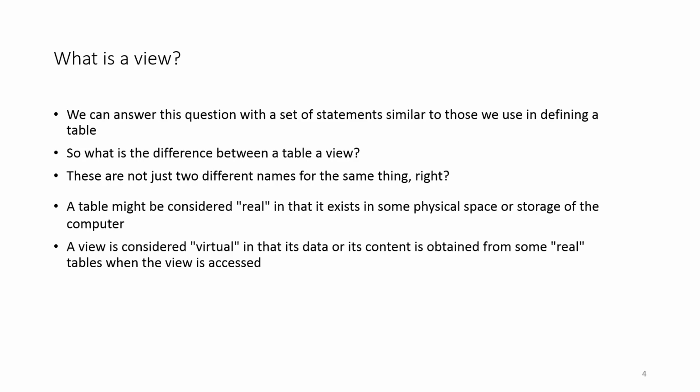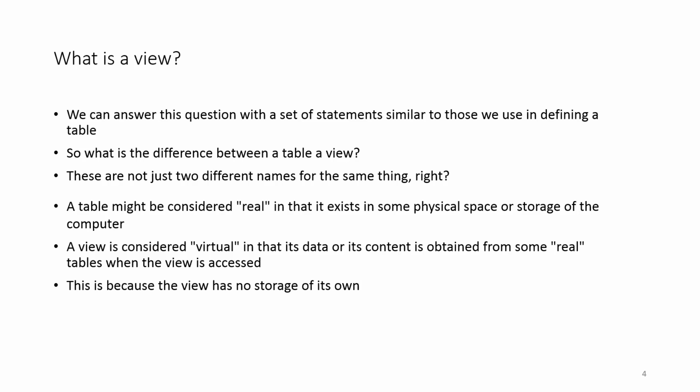It's obtained from some real tables when we access the view. So the view actually doesn't store data, but when we query the view, it gets data that's stored in some real table. I'm sure that does nothing to help you understand what a view is, but the point is I want to convince you that tables and views are not the same thing.